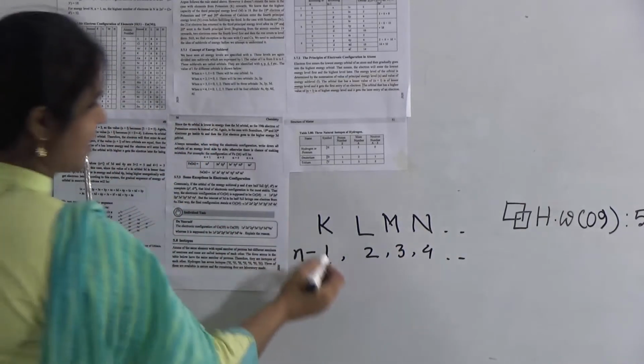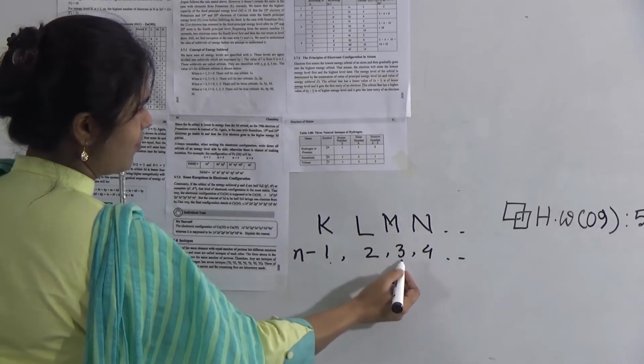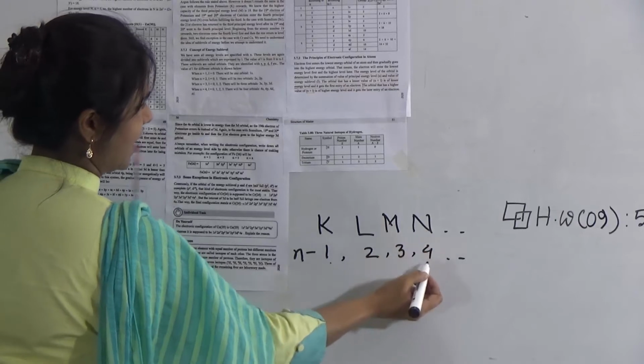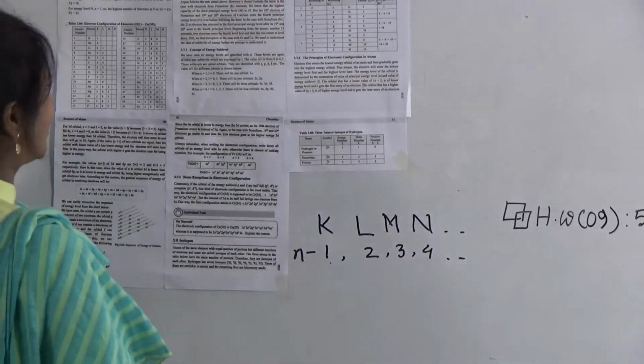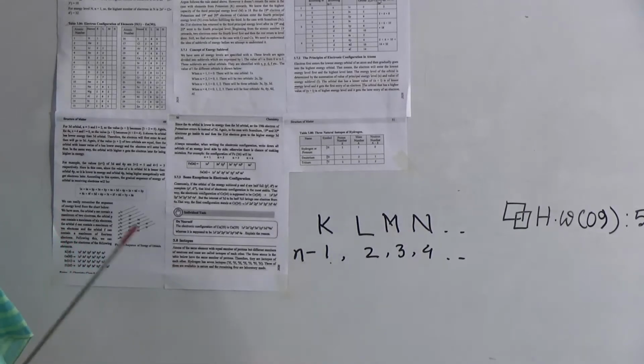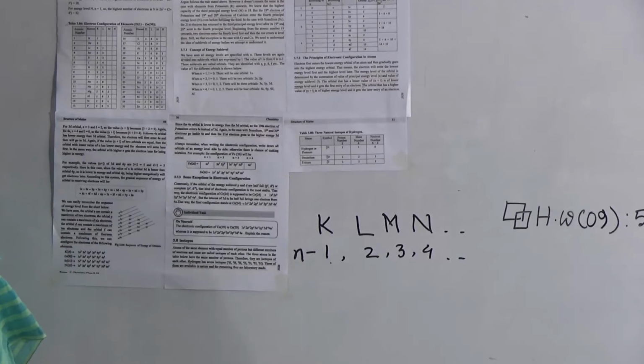That means K is the first orbit, L is the second orbit, M is the third orbit, and N is the fourth orbit.